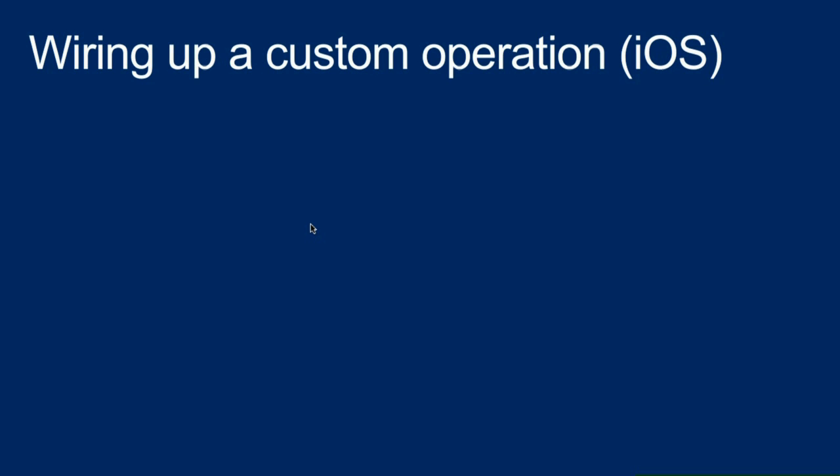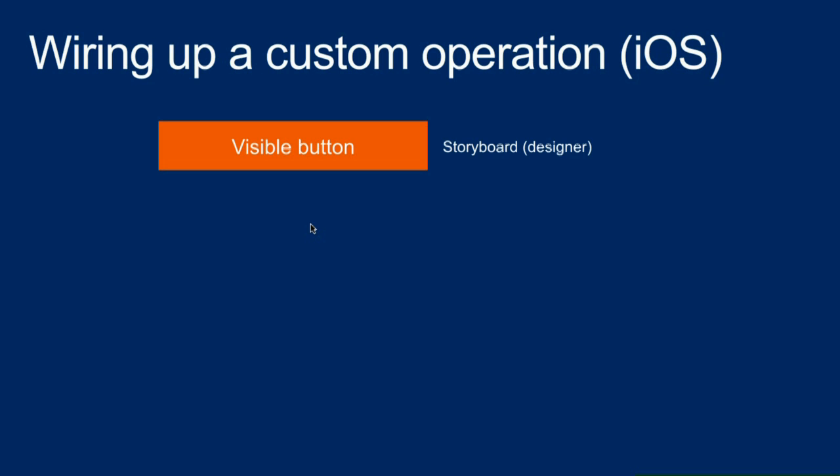To wire up a custom operation for iOS, we're going to need a few things. Firstly, we'll need a visible button that the user can actually click. And for iOS, you will typically do that using something like the storyboard, which is a visual design tool. Some experienced iOS developers prefer other ways of adding buttons to screens. That's fine, but we'll just use the basic visual designer for this demo.